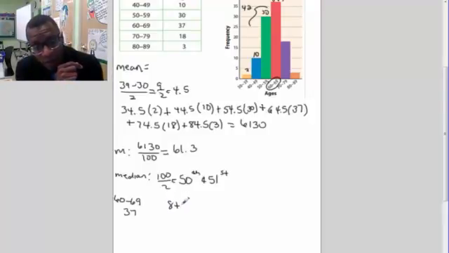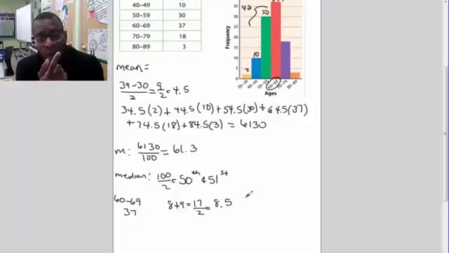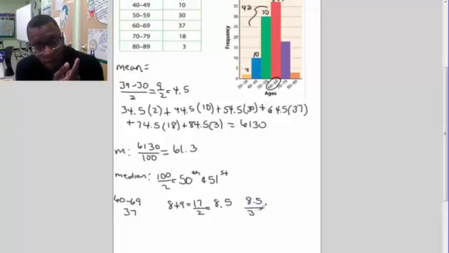So the average of 8 and 9 is 17 divided by 2, which is 8.5. Now, we're going to divide this 8.5 by 37 because that's the frequency of our increment between 60 and 69, and that gives us approximately 0.23 or 23%.